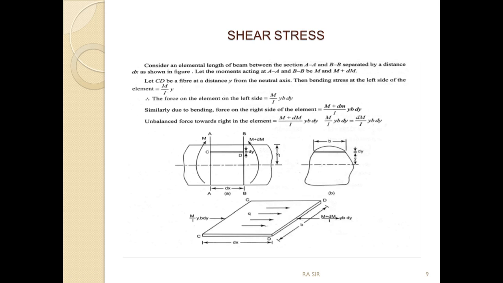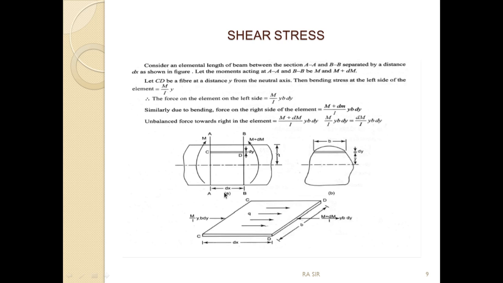Where are we getting this b dy from? This b and this dy is the depth. So M by I y b dy is the force on the elemental area or the elemental layer on the left hand side.